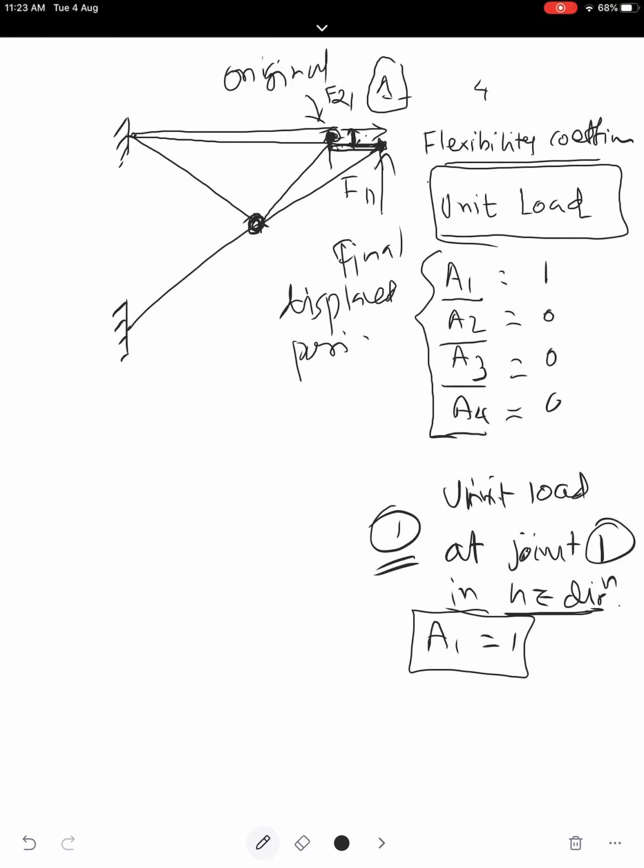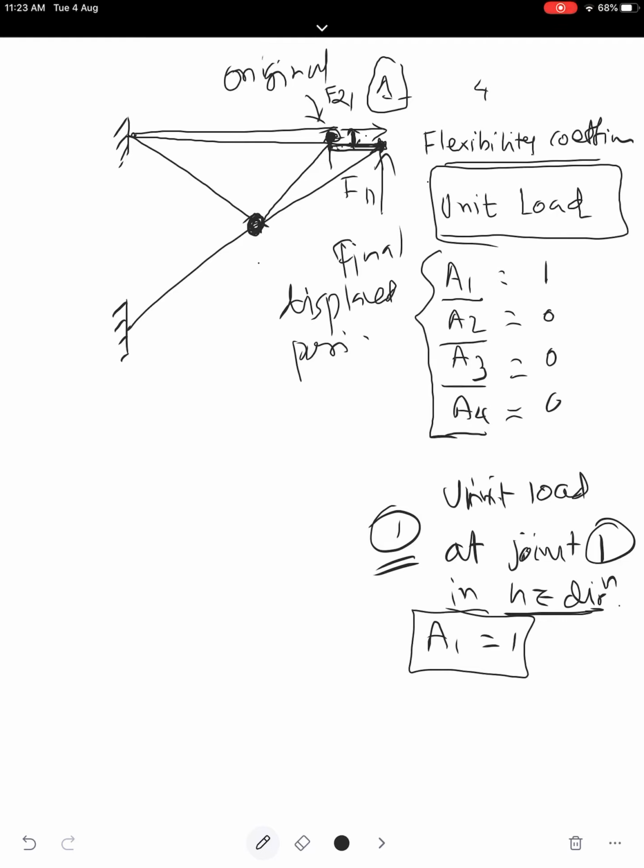If I pull vertically then this will displace, but if I pull horizontally, you have to intuitively imagine, you have to do some experiment physically. If I pull, this joint will not displace, please understand.